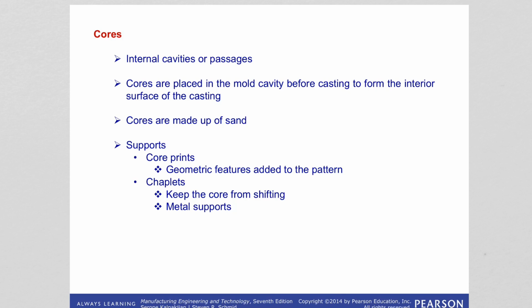So cores are internal cavities or passageways, and you can find them in engine blocks or valve bodies. We need to place a core into the mold cavity to form the interior surfaces of the casting.